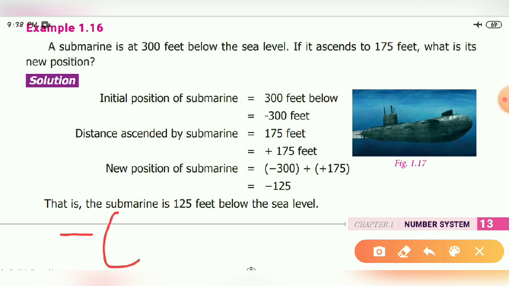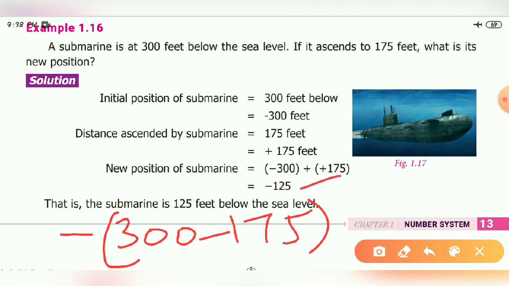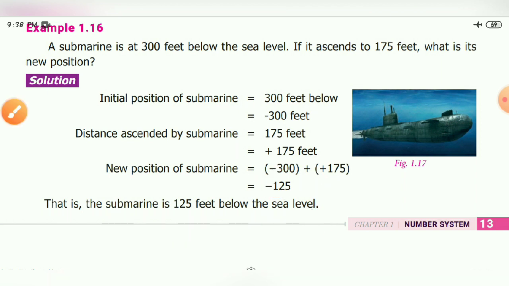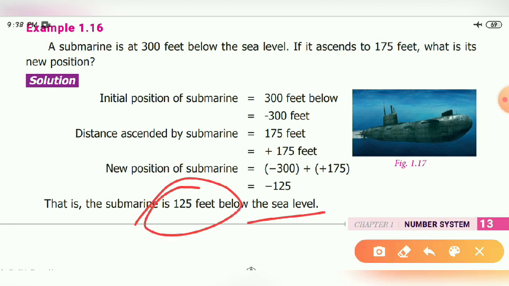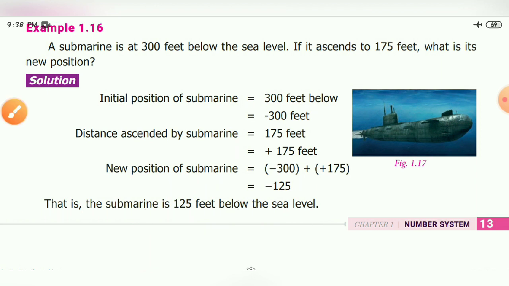Next, subtract the smaller number from the bigger number, or find the difference between the two numbers. That means 300 minus 175. You will get minus 125. So the submarine is 125 feet below the sea level. Okay students, do you understand example 1.16?